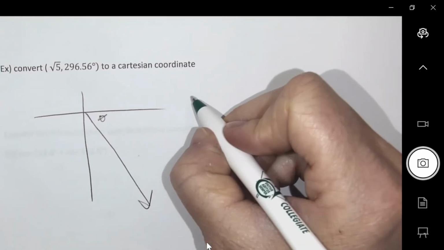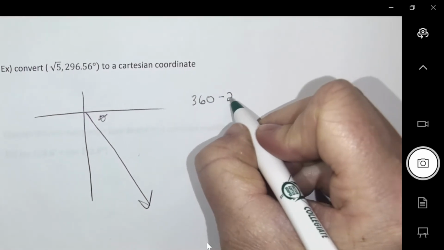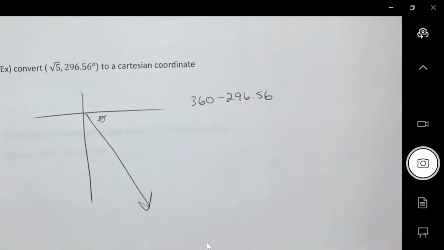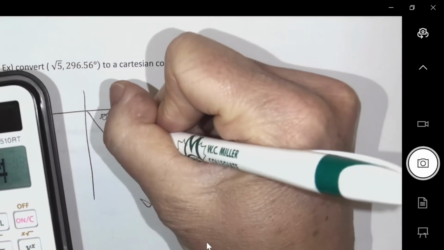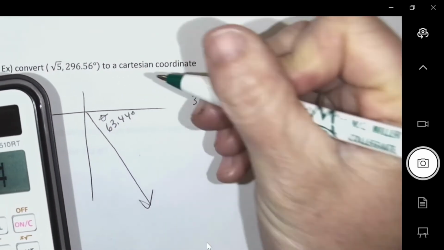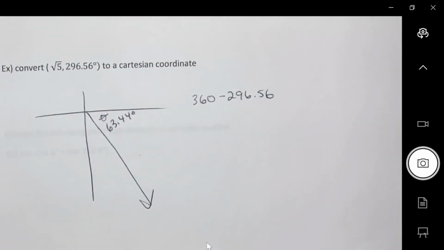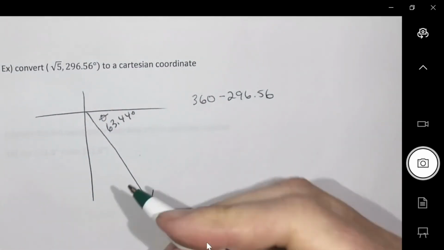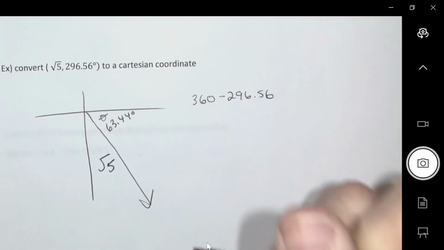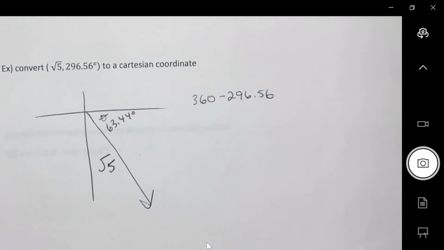I would do 360 minus. Remember when I talked about the reference angle? That's what I'd be talking about. Okay, so that's what it looks like. So we go out for root 5 at that kind of an angle.